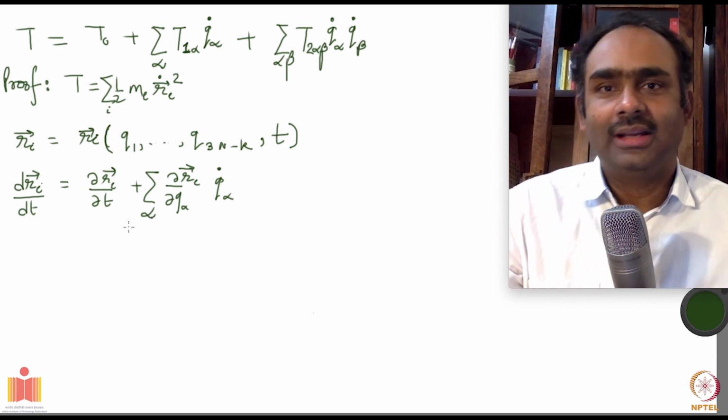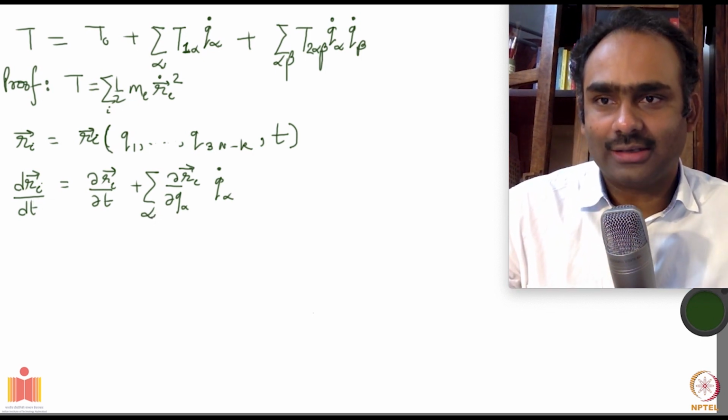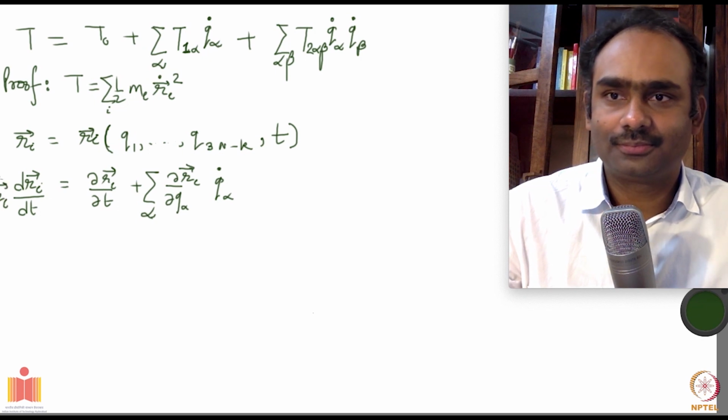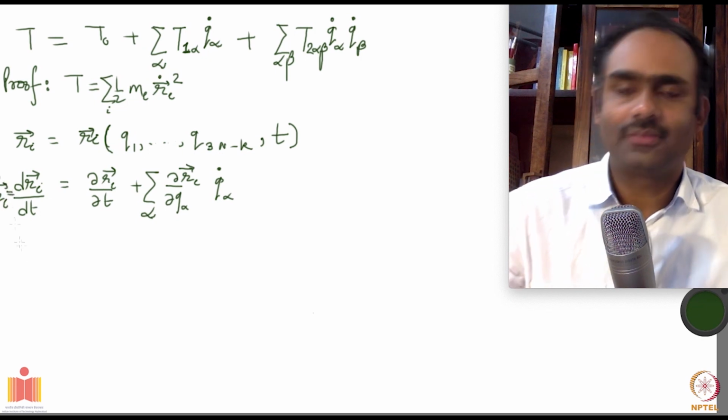Now I take this, which is r_i dot, and square it.